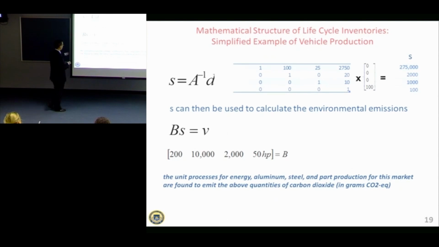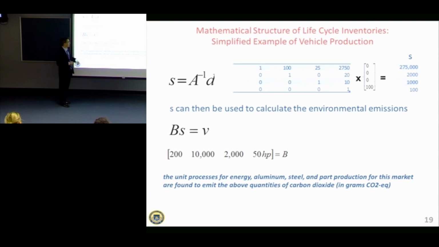And let's say that the unit processes for energy, aluminum, steel, and part production, these are quantities of greenhouse gas emissions. So these are grams of carbon dioxide equivalent. Per megajoule of energy, you've got 200 grams of CO2 equivalent.